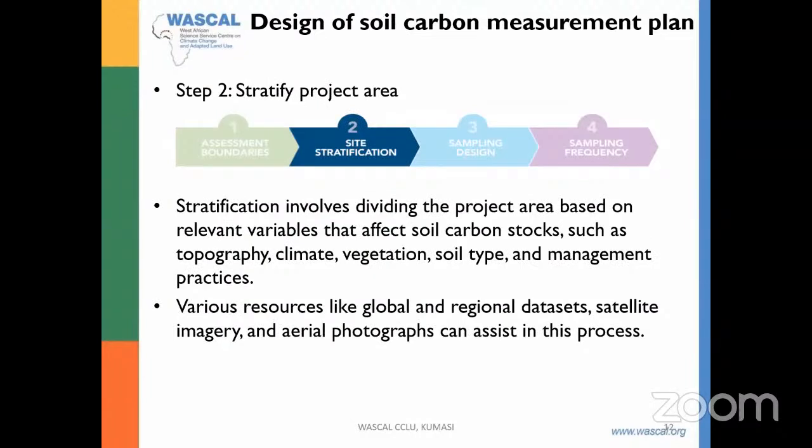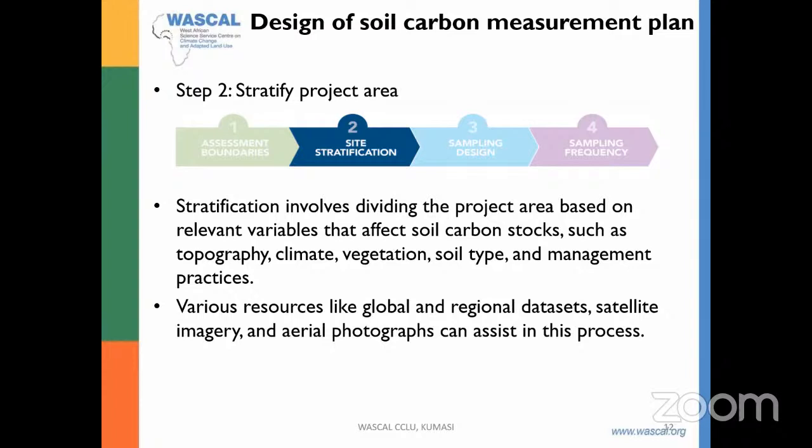After the delineation, we may also have to stratify our site. This stratification is done where there are several factors that can affect it. For example, within a project area, climate or topography may not be the same. We also have different vegetation characteristics and soil type, as well as management practices. All these affect carbon, so we can stratify based on these variables.